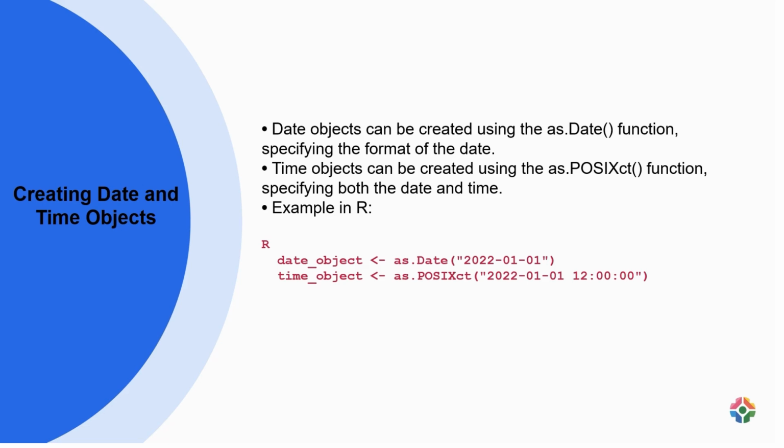For example, executing the code date_object as.Date 2022-01-01, time_object as.POSIXct 2022-01-01 12:00 will create a date object representing January 1st, 2022, and a time object representing January 1st, 2022, 12 p.m.